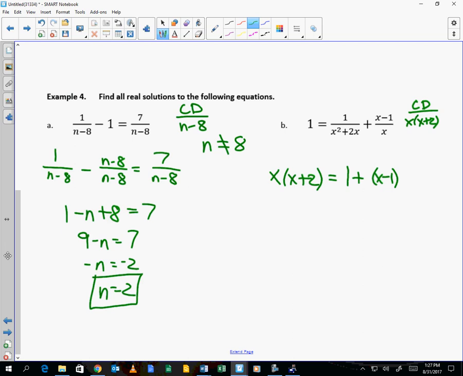And here, I multiply top and bottom by x plus 2. I've ignored the denominator, which I can ignore so long as I identify the two x values that I cannot have. What are they? Good.